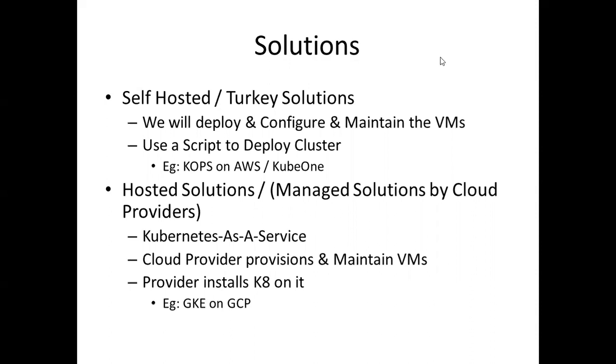Now, on AWS, apart from this, there is one more open source solution called KOPS, Kubernetes Operations. What is the difference between this and Amazon's Kubernetes service is that KOPS is free and open source, not developed by Amazon.